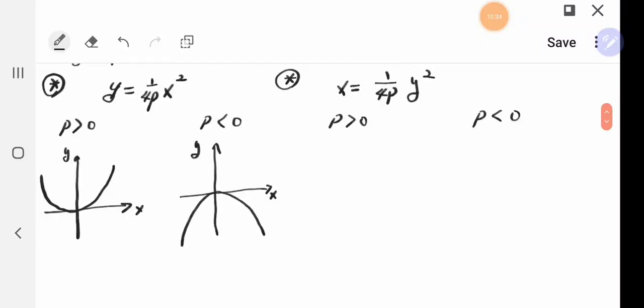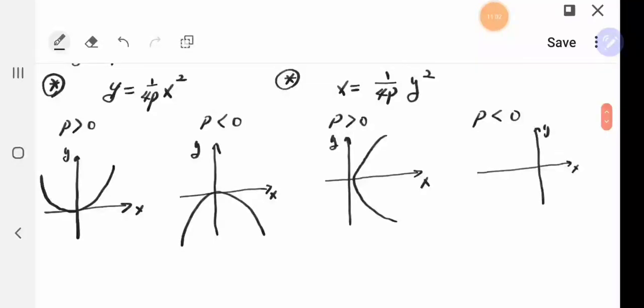So without a question, we can do this way. But if you interchange x and y, then that is an inverse. So the graph will be this. If p is positive, then this graph opens to the right, like this. If p is negative, then the graph opens to the left.